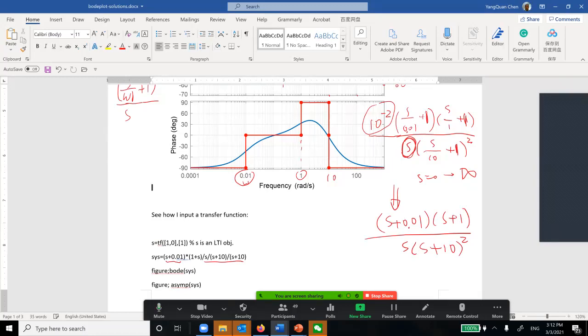Is that right? Did I do anything wrong? Yeah, S plus 10 bracket squared.